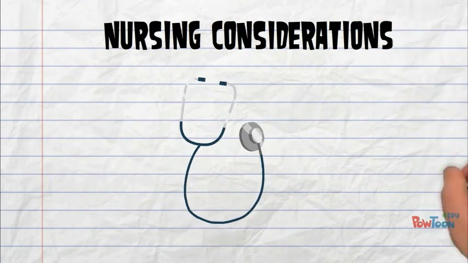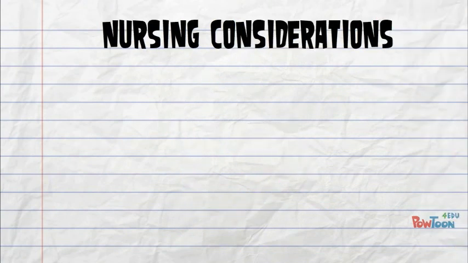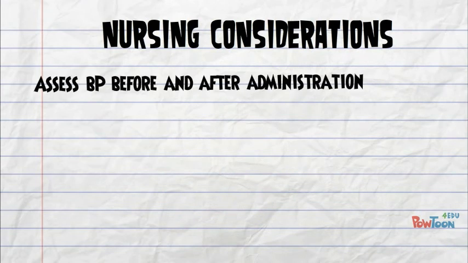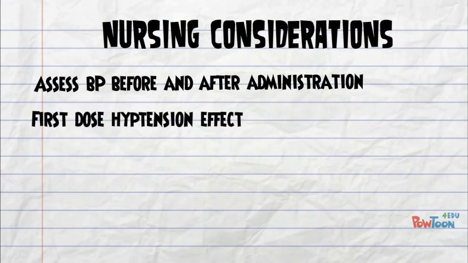Nursing considerations. As a nurse, we would want to monitor our patient's blood pressure before and after administration of an ACE inhibitor drug. After, we would monitor for a first dose hypotension effect. This is because we do not want our patient's blood pressure to drop too low.